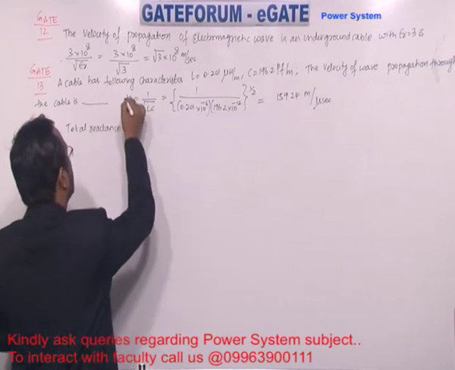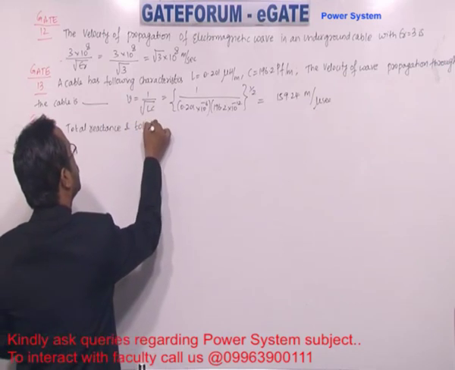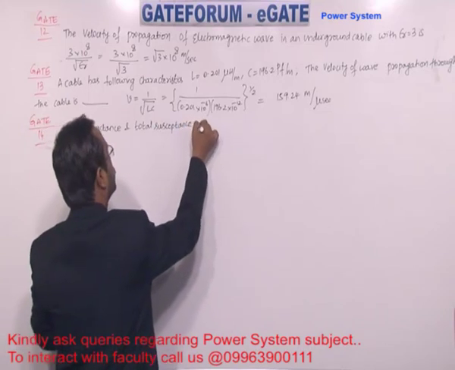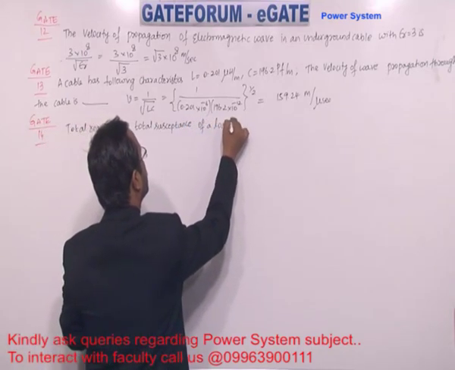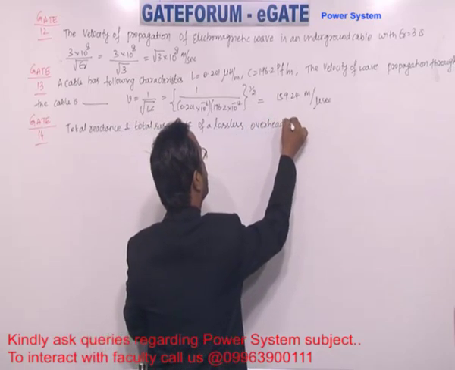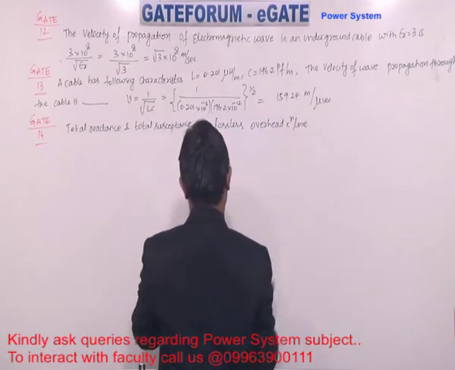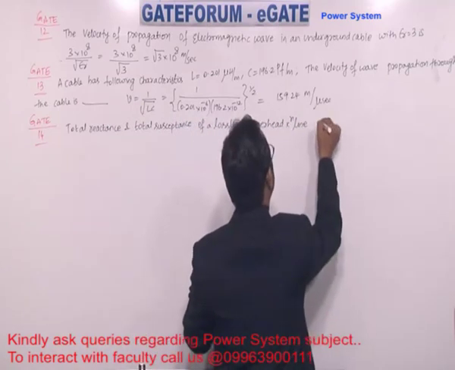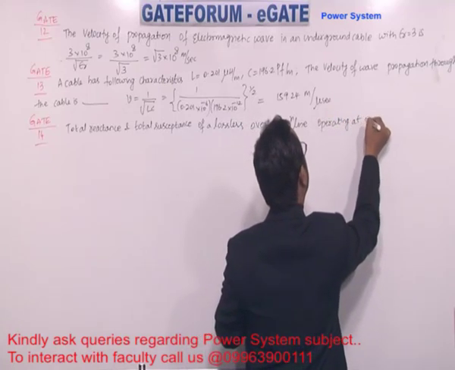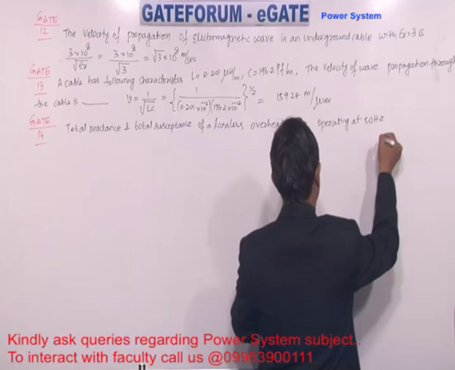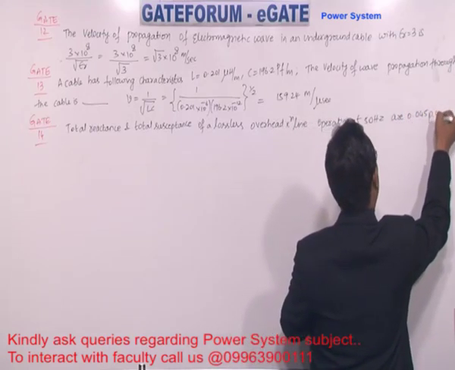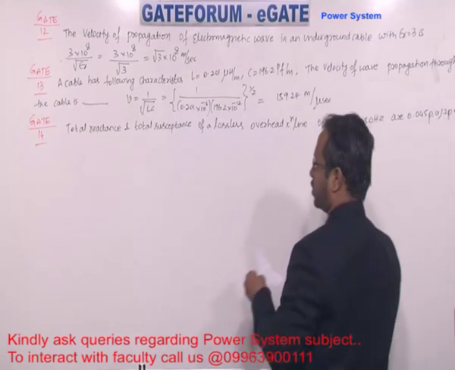The total reactance and total susceptance of a lossless overhead transmission line operating at 50 Hz are 0.045 per unit and 1.2 per unit.